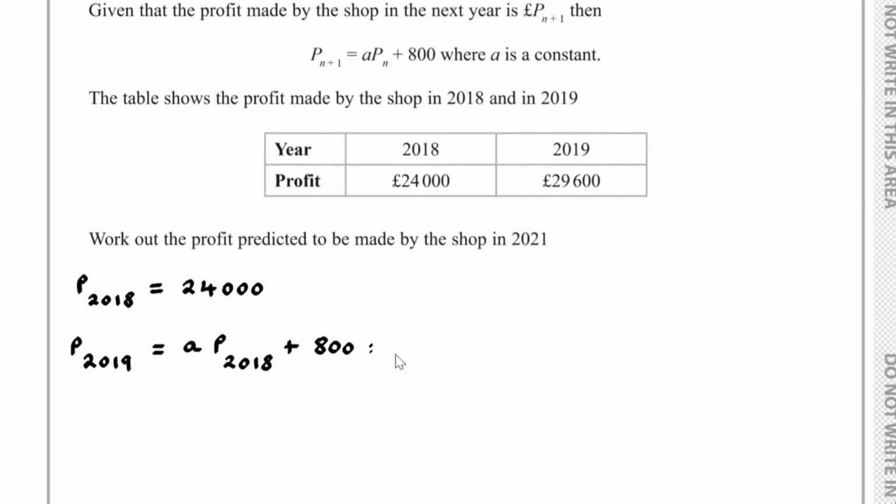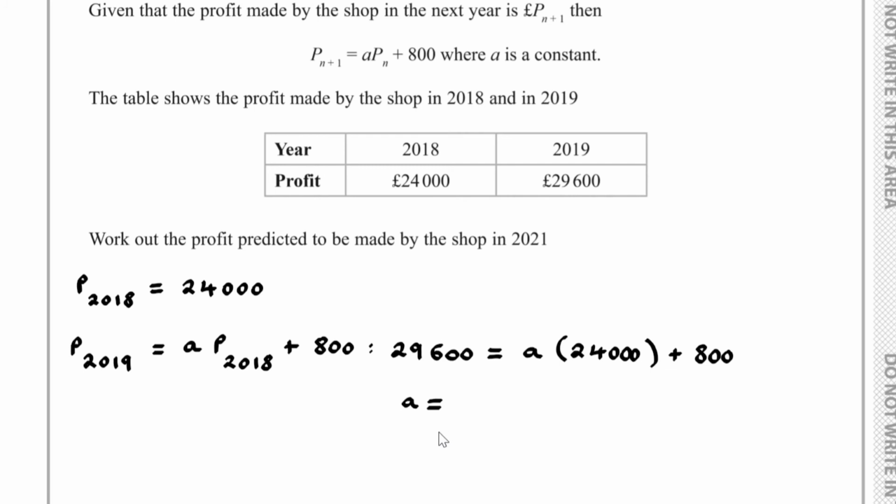So the profit made in 2019 is 29,600, and that's equal to A times the profit made in 2018, which is 24,000, plus 800. And with this we can find out what A is.